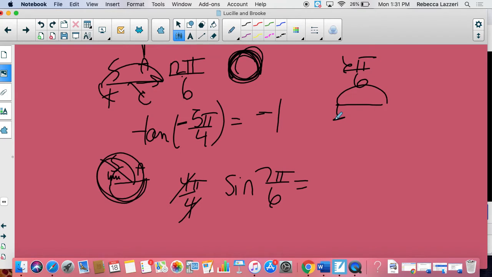Pi over 6s, 30. So what's happened is we've gone to 6 pi over 6, but we were trying to get to 7 pi over 6, so we landed right there at a 30-degree reference angle. So sine of 30 is 1/2. All students take, what is sine?